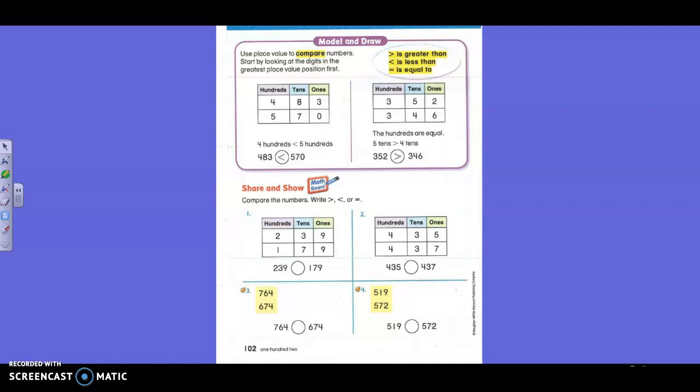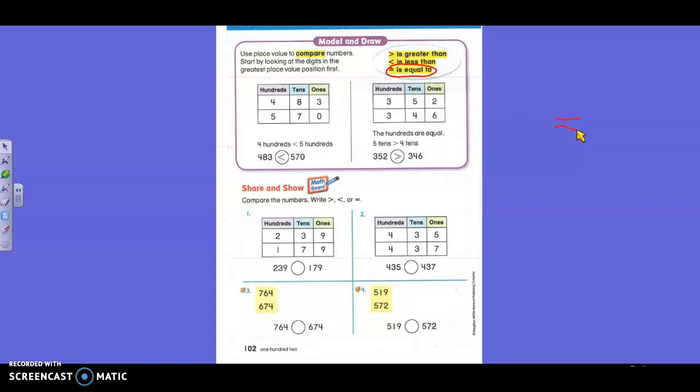The throat is to the smaller number. Now, you also might have something that is equal, and that is just two lines for the equal sign. Okay? So you're using place value to compare numbers.